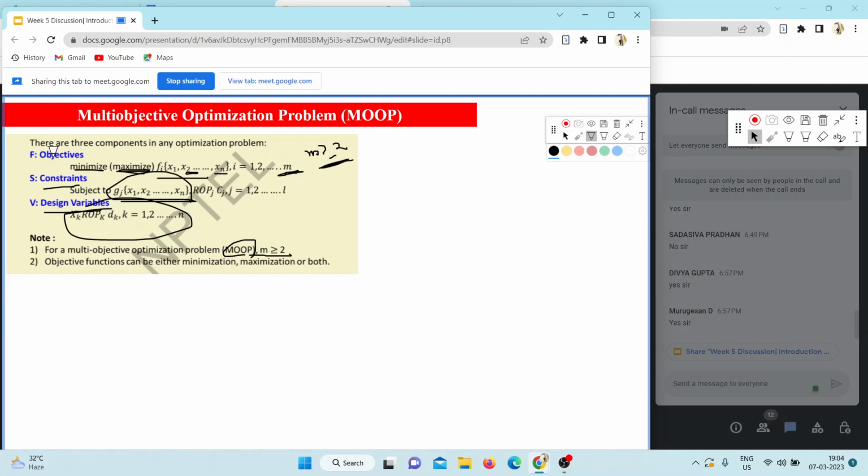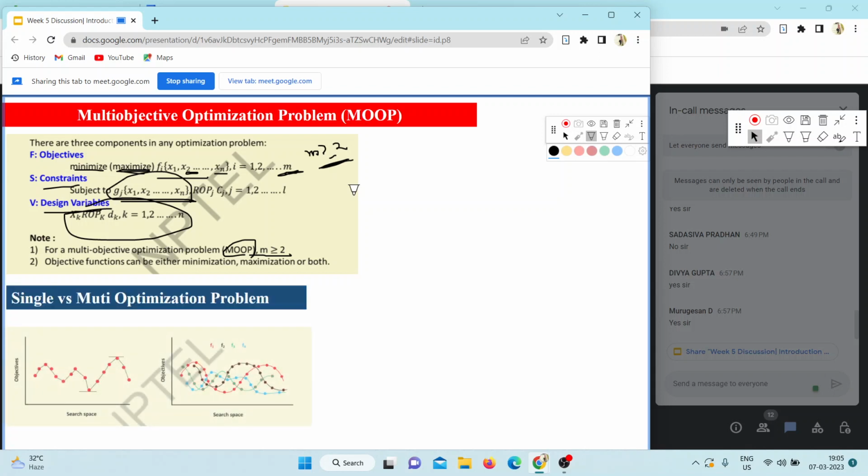And again I am repeating, if your objective function count is greater than or equal to 2, then that type of problem is known as a multi-objective optimization problem. So this is the difference between single optimization and multi-optimization.